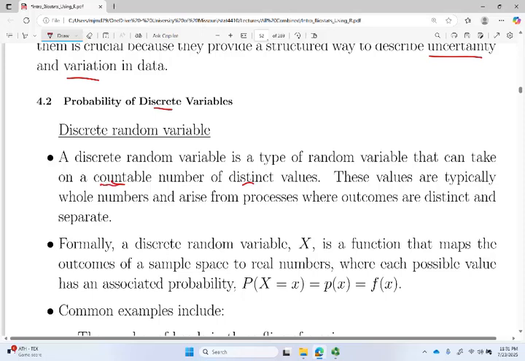Countable is a mathematical term that means there's a relationship with the integers. So there are distinct values. It could be infinite, but there's a one-to-one mapping from the domain to the integers. And so they're typically whole numbers that arise from some sort of process.